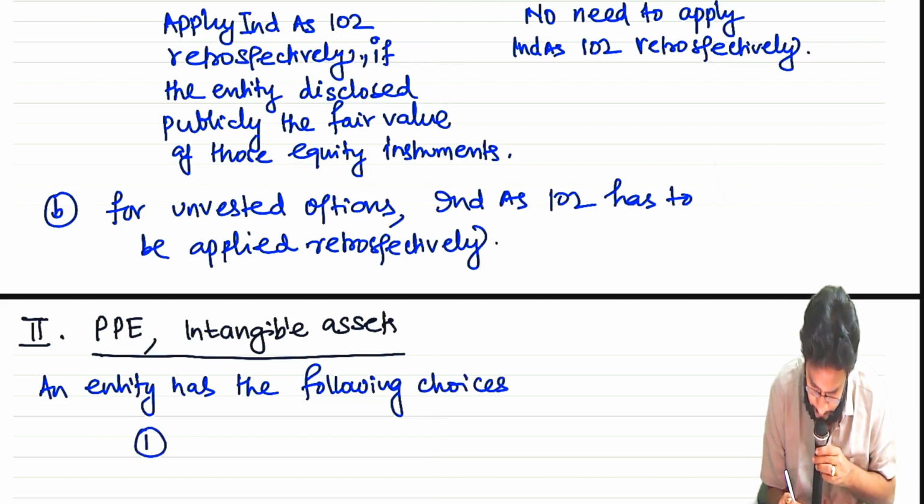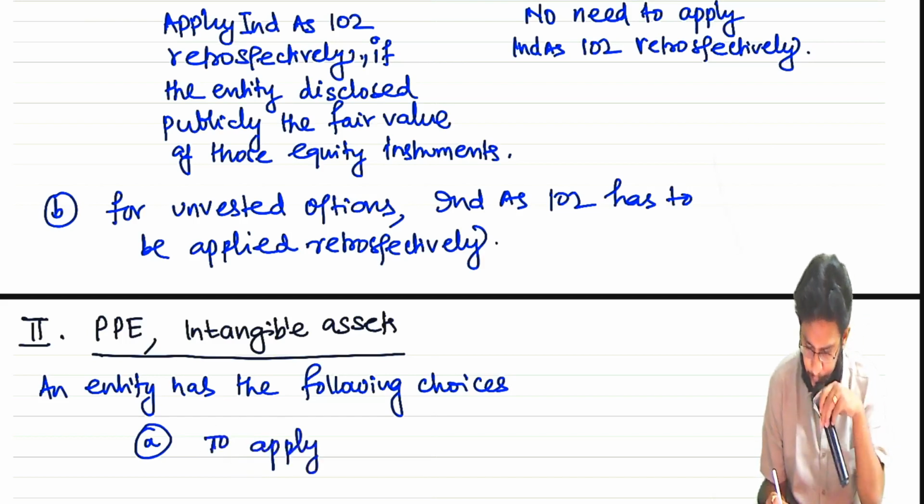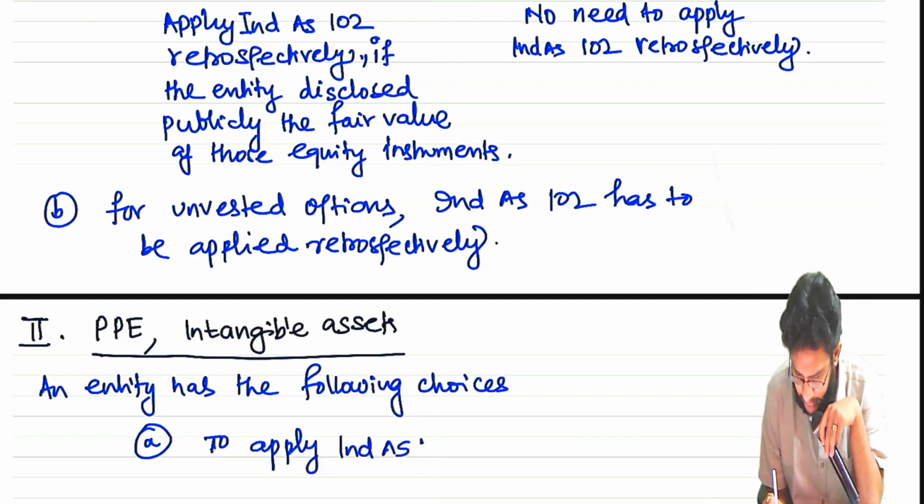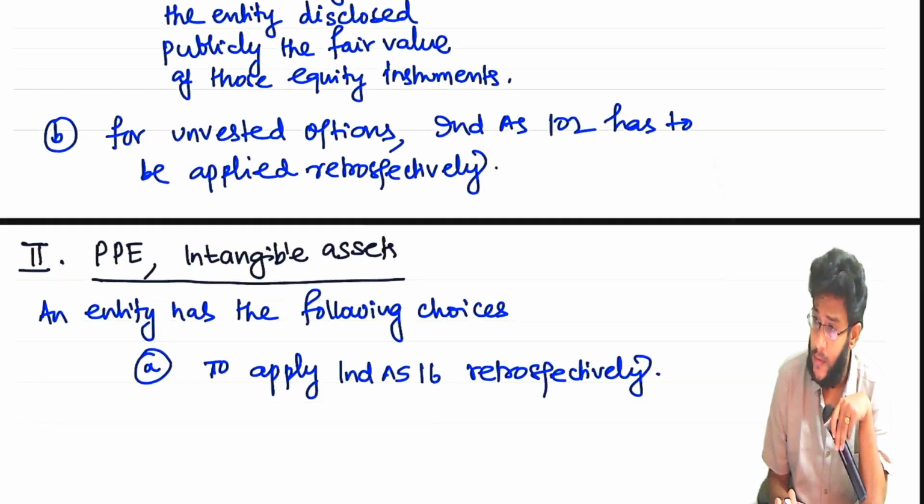Number 1, to apply Ind AS 16 retrospectively. So this is one option.